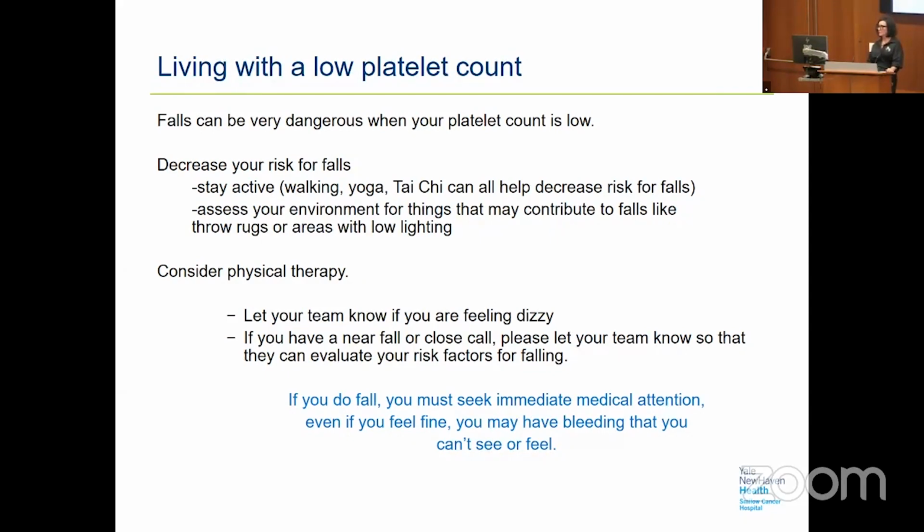Walking, and things like yoga and Tai Chi can really help with balance and strength, and has been shown to decrease the risk for falls. If you're deconditioned because of the treatment that you're on or have experienced, physical therapy may be an important member of the team to help maintain your strength and balance.